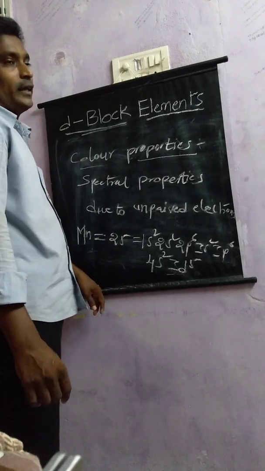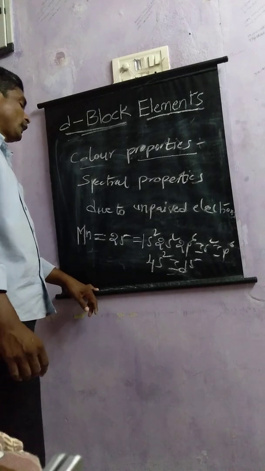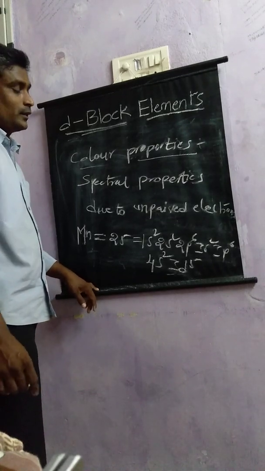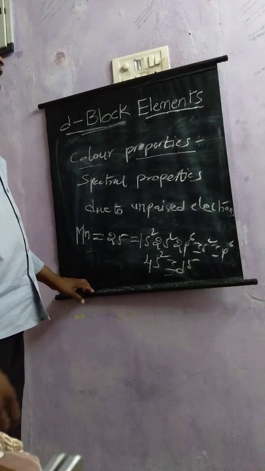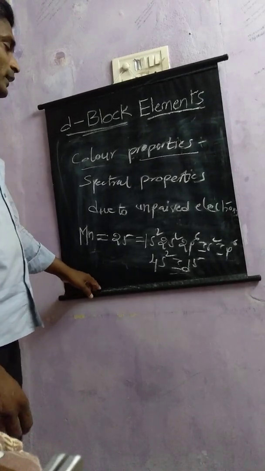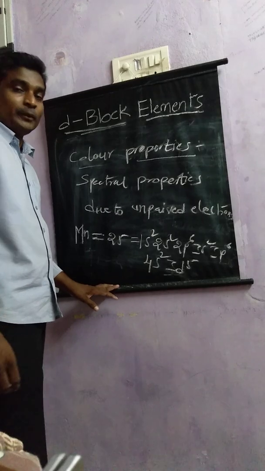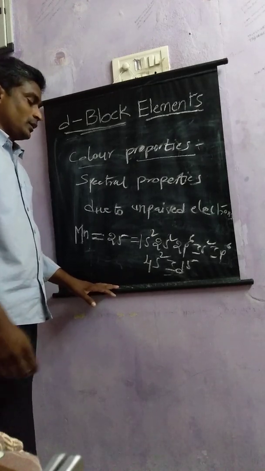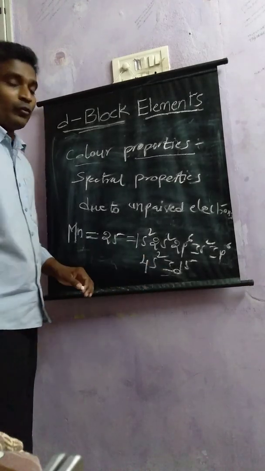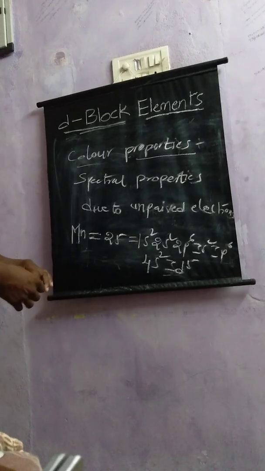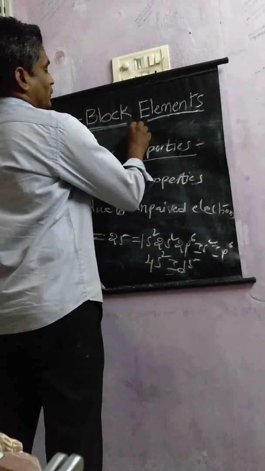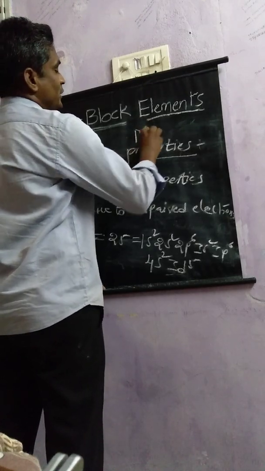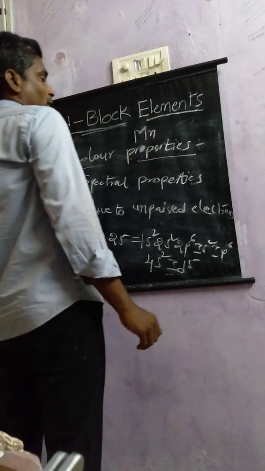So whenever an element has unpaired electrons, definitely that element will exhibit color. So from that we can conclude that manganese will exhibit color.